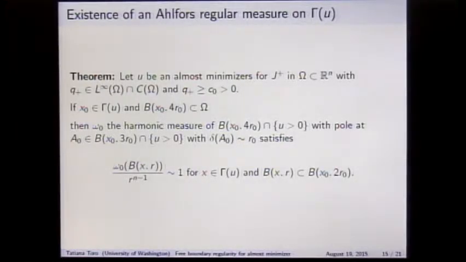Okay? But notice why we have the measure. We have that this measure is Radon, and in particular the condition here means that it's Ahlfors regular. So the fact that we had an NTA domain whose boundary had an Ahlfors regular measure allows us to say that it was uniformly rectifiable. That's how we got that result.